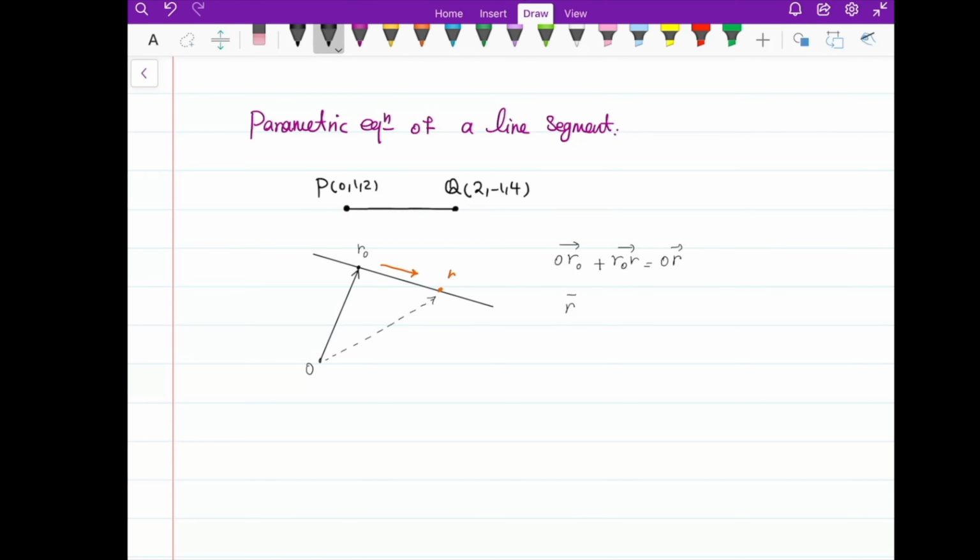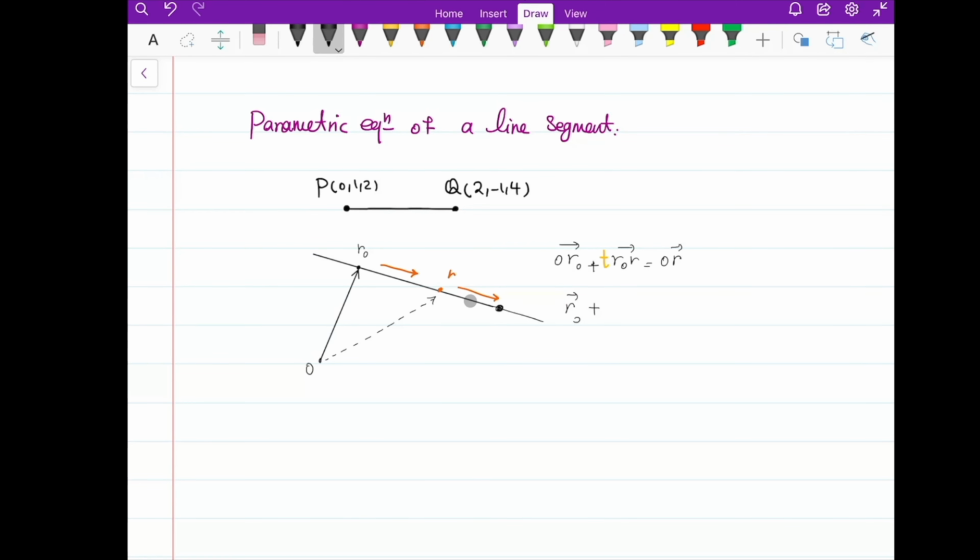So I can say that the vector R0 plus, oops, I forgot to put the parameter t. Why do I put the parameter t in here? Because if I have just one copy of the direction vector, I'm going to be here. So instead of t, I have 1. Then if I have another copy of the direction vector, I'm going to be on this part of the line. So to write this part of the line, I get OR0 plus 2 times R0R, and I get to this point.